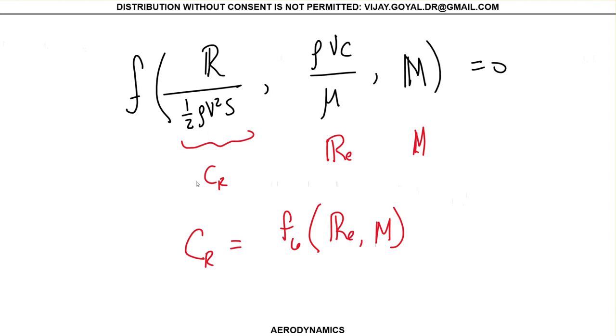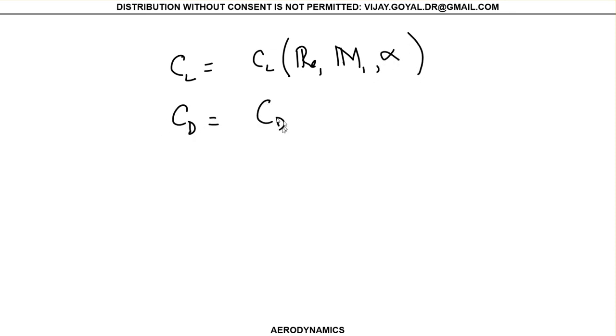One straightforward application of these problems is the following. We will be able to show later that your coefficient of lift is going to be a function of your Reynolds number, your Mach number, and your angle of attack. The same thing here: this is going to be a function of your Reynolds number, your Mach number, and your angle of attack.